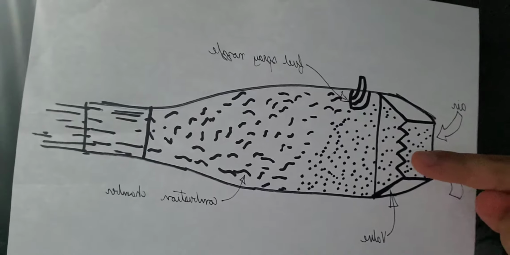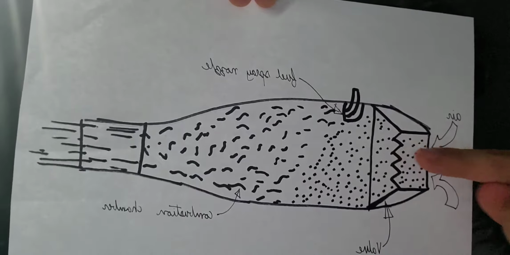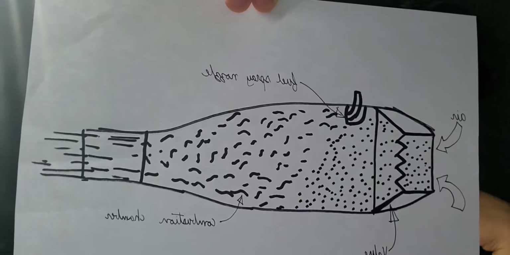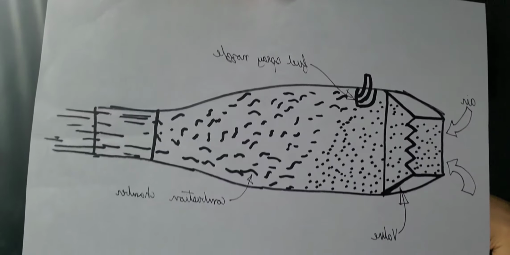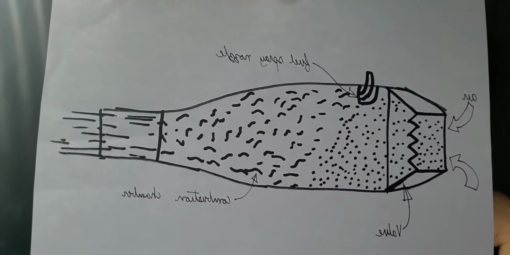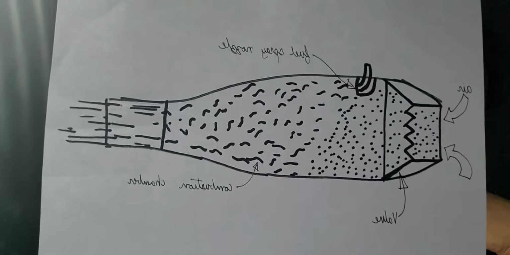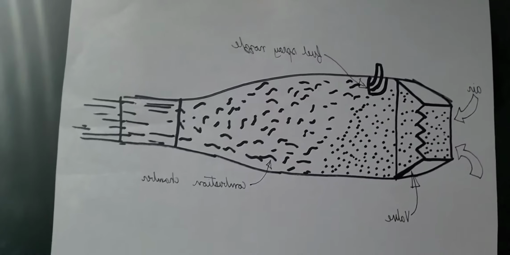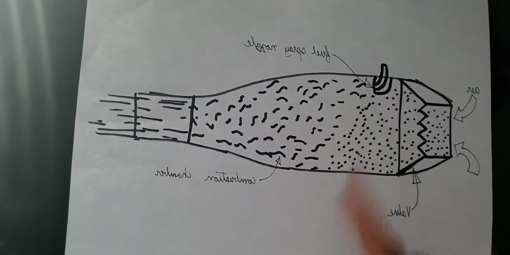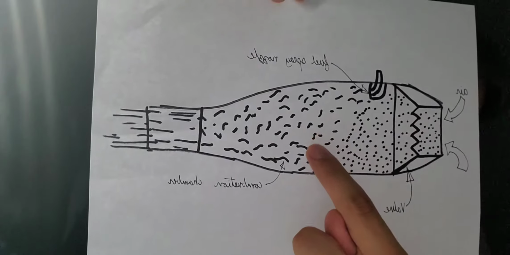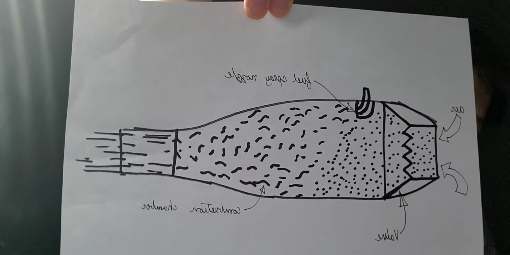Pretty much the air goes through the entering nozzle like a normal jet, and the zigzag is the valve. It's also called the shutter, depending on whatever you want to call it. So air goes through the valve, and as you can see, there's an extruding pipeline over here, and that is where the fuel goes into the combustion chamber, which is right here, and that's where the combustion happens.